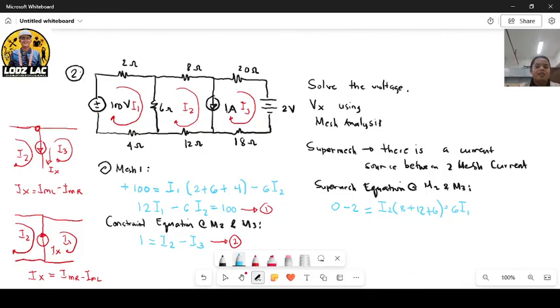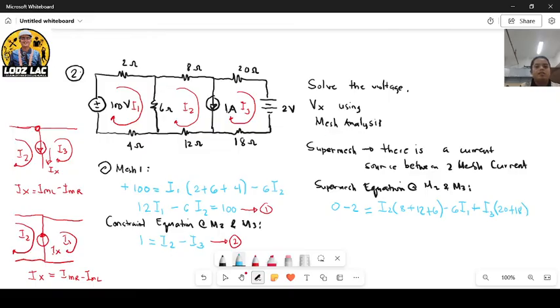Then, lastly, you refer now at mesh 3. So, you sum up all the resistor inside. Positive, positive. So, plus I sub 3. The resistors present at mesh 3 are 20 and 18, so you sum up 20 plus 18.